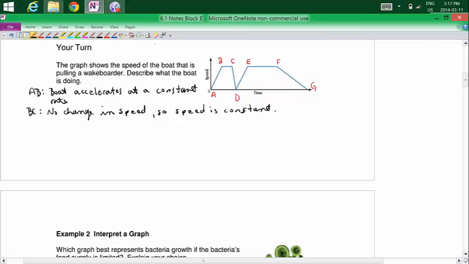All right, and then from C to D, notice there's a sharp drop. Notice that the slope from C to D is steeper than the slope from A to B. So we are slowing down, right, because the speed is going from something that is higher to something that's lower. But we're slowing down at quite a quicker rate than we were speeding up from A to B. So from C to D, the boat quickly slows down to a stop.